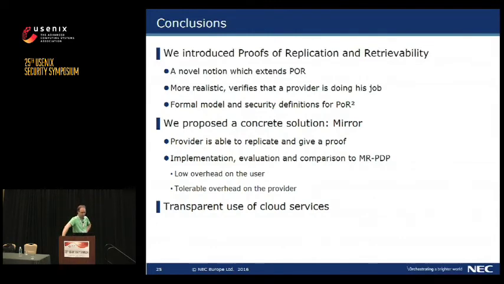And this all is a building block for the vision of having these transparent cloud services, which you can verify and check as if you would have your IT in-house.